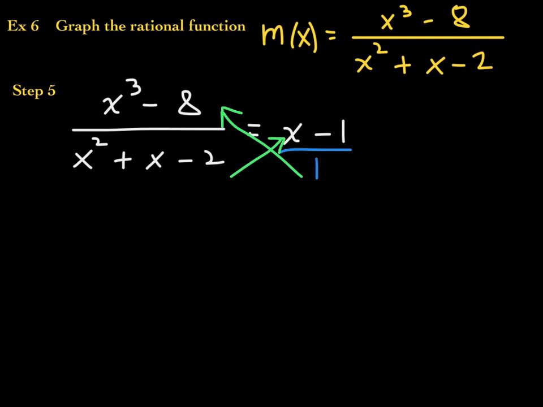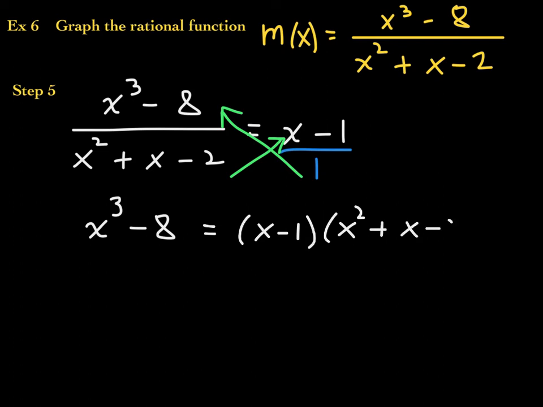Now the left-hand side will just be x cubed minus 8 times 1, which is still just x cubed minus 8. The right-hand side will be x minus 1 times x squared plus x minus 2. Let's distribute the x here, and then we'll distribute the negative 1 there.